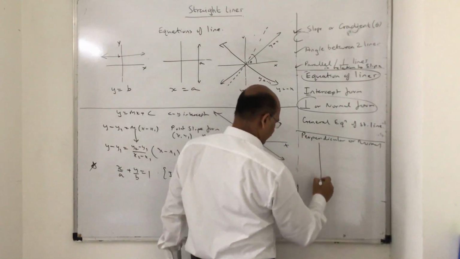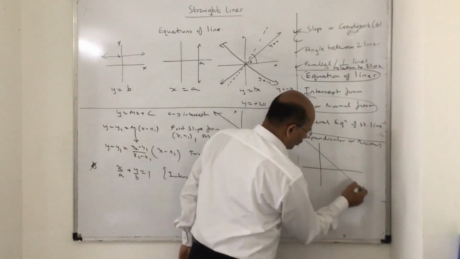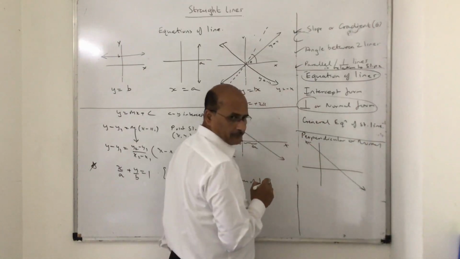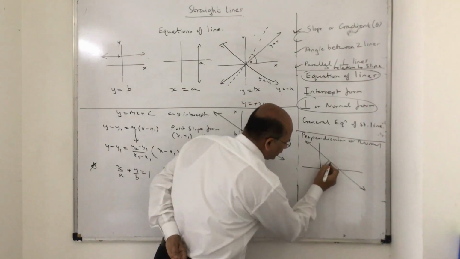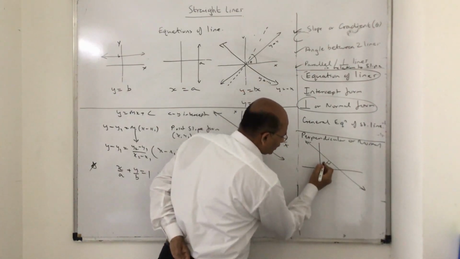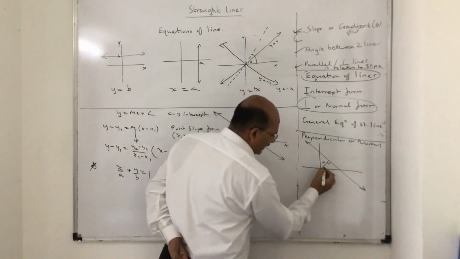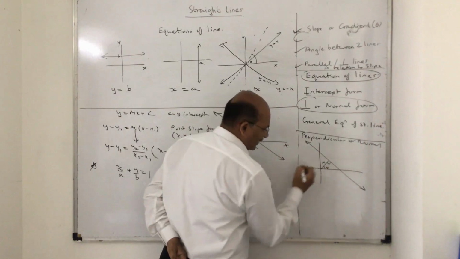Okay, now listen. Suppose there is a straight line here whose equation we are trying to find. And there is a perpendicular distance here, the perpendicular distance is p, and the angle made by the perpendicular with the x-axis is alpha.